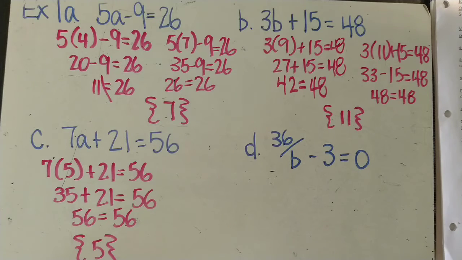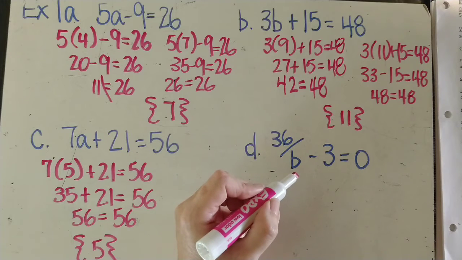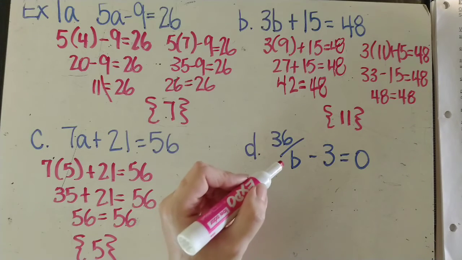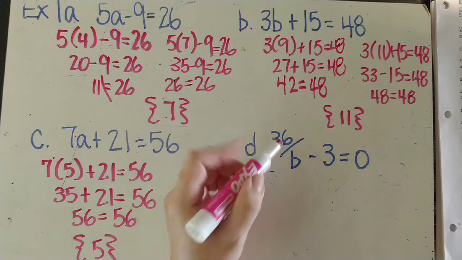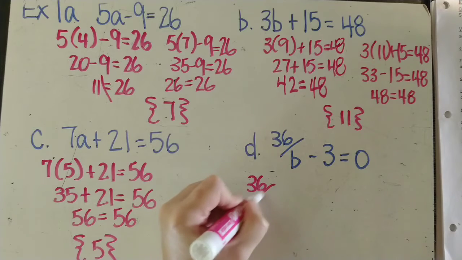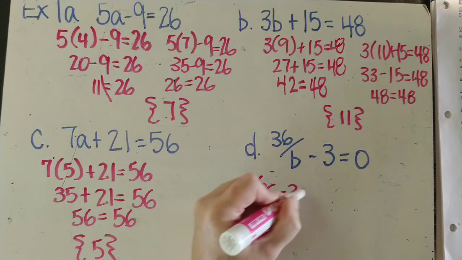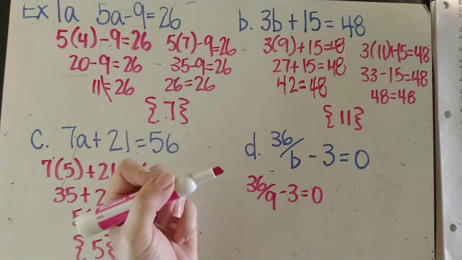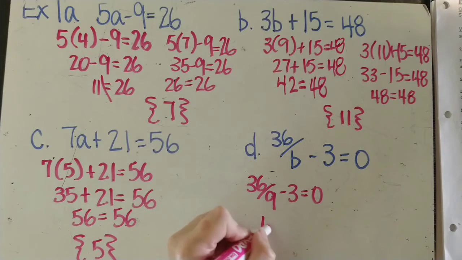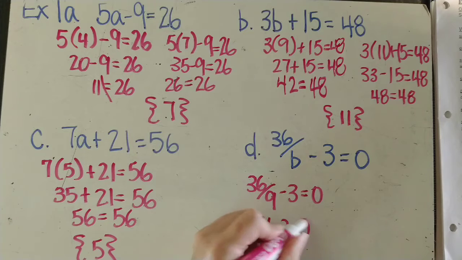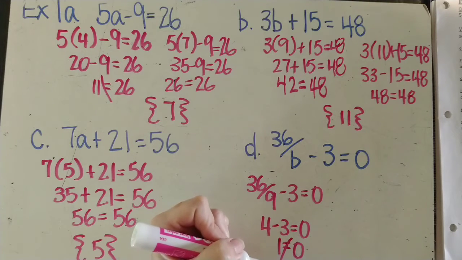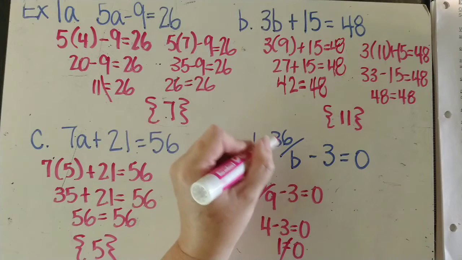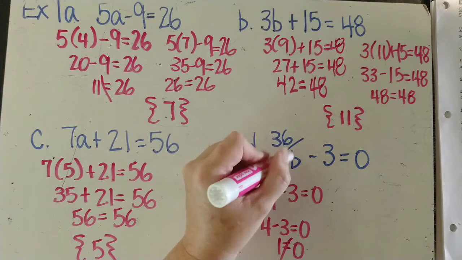Now let's look at letter D. Let's try a value from the replacement set for letter B. If I try 9, and I'm going to want to try numbers that easily divide into 36. So 36 divided by 9 minus 3. Is it 0? 36 divided by 9 is 4. So that's not going to work because 1 is not equal to 0. Now we know 10 could not divide evenly into 36. Neither could 11.